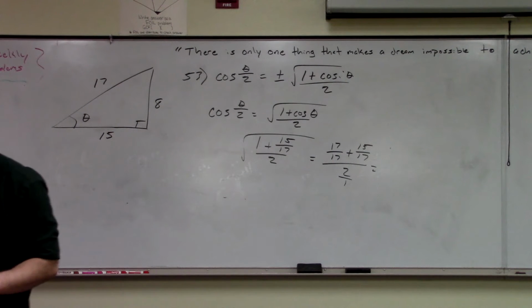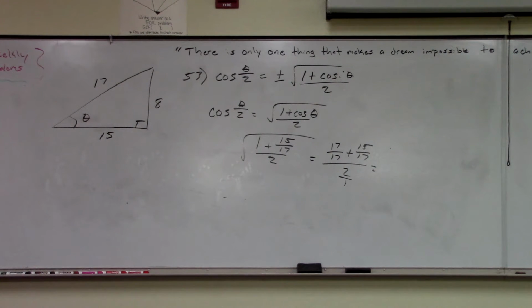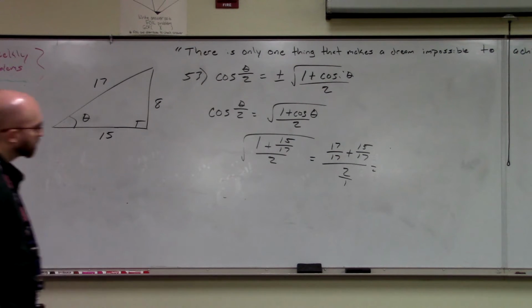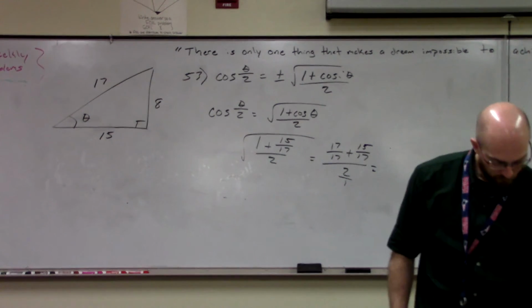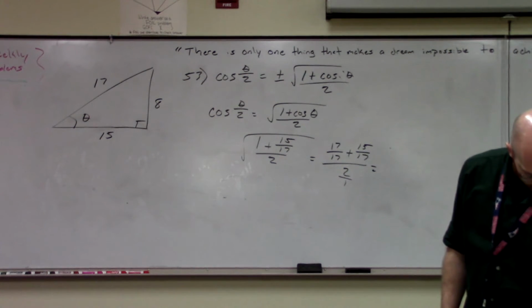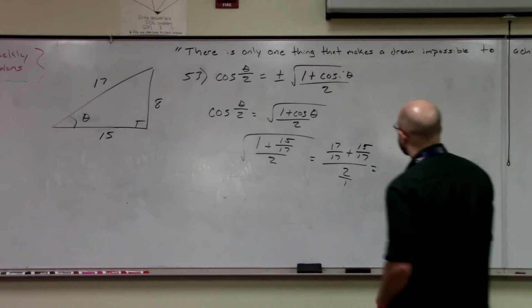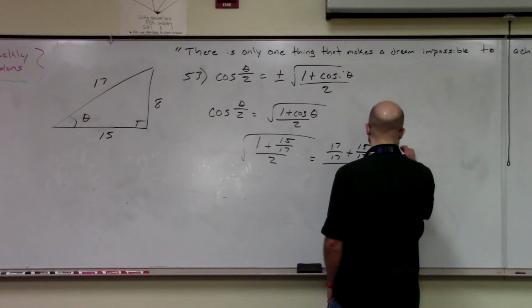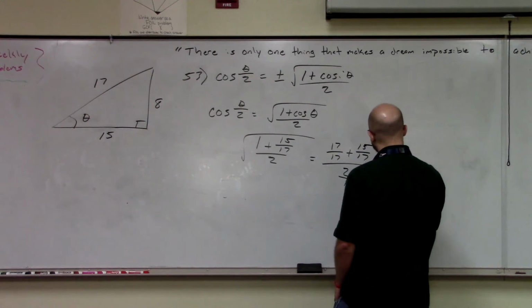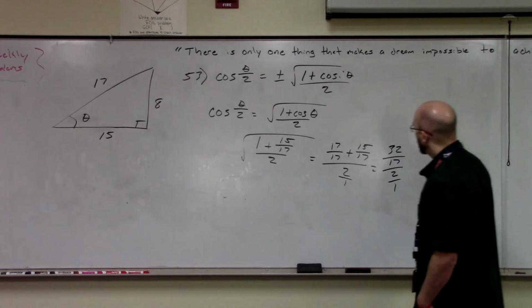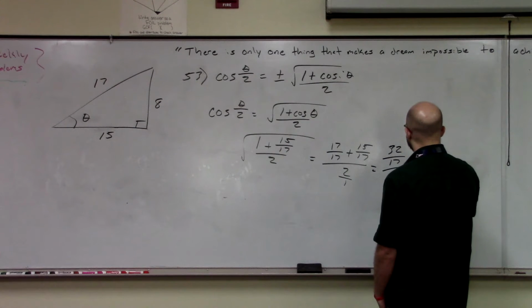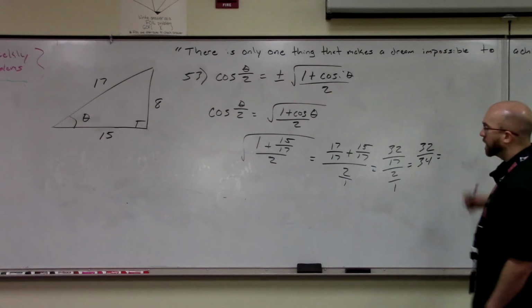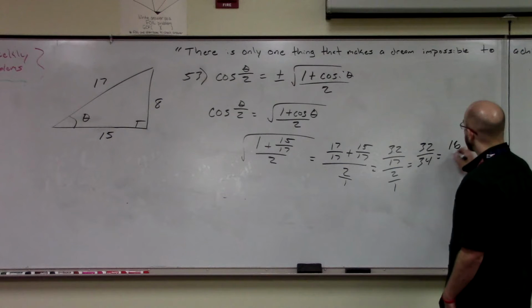Sorry, my straight math is not so great. Equals 32 over 17, all divided by 2 divided by 1. So this turns into 32 divided by 34, which they have a 2 in common. So it's 16 over 17.